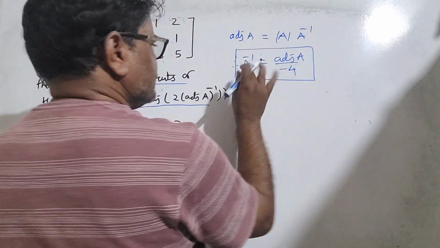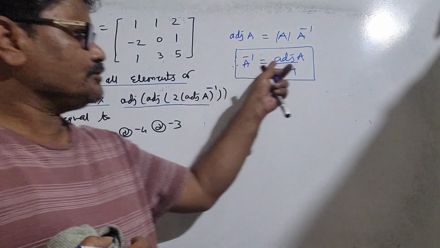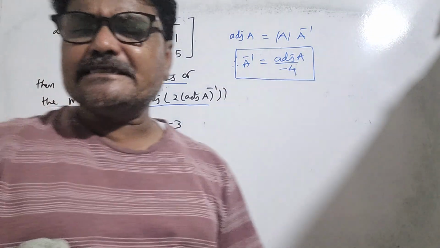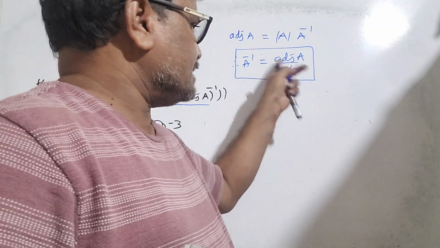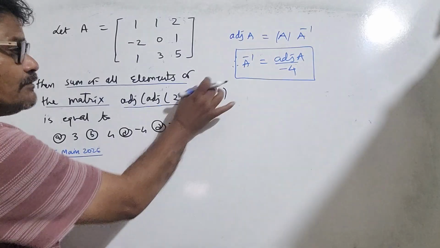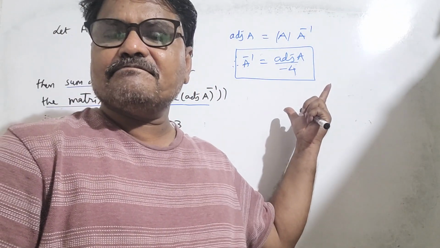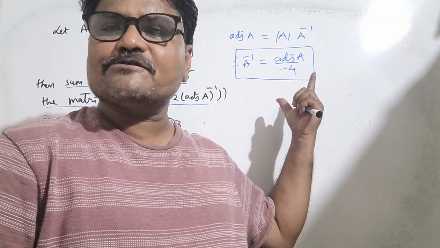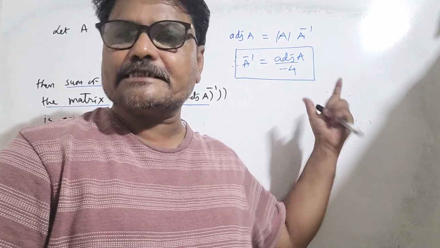Now look at here, this is the matrix, this is also a matrix. This adjoint of A is a matrix multiplied by a scalar number which is -1/4, correct? But here you need adjoint of A inverse. So both the matrices are same, therefore their inverses are also same. So let us perform the inverse operation on both sides.